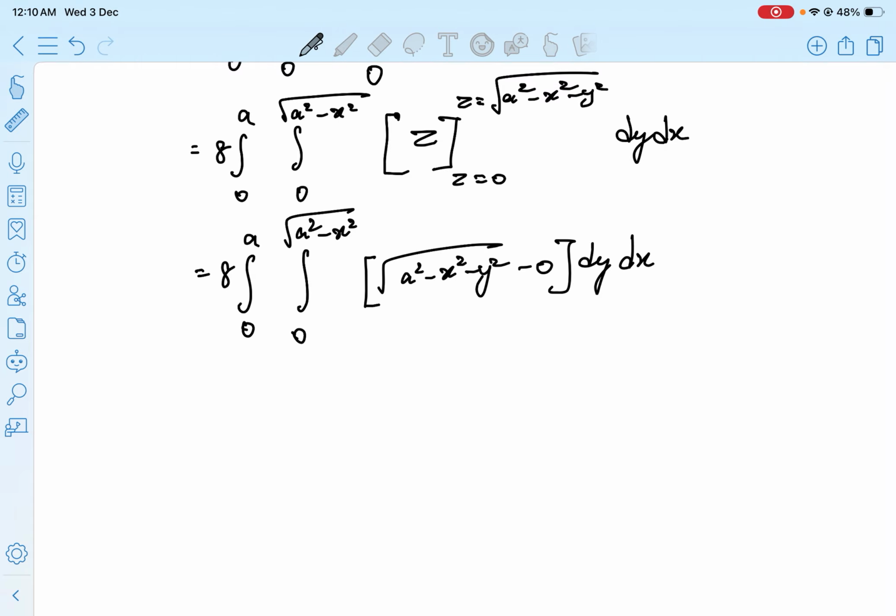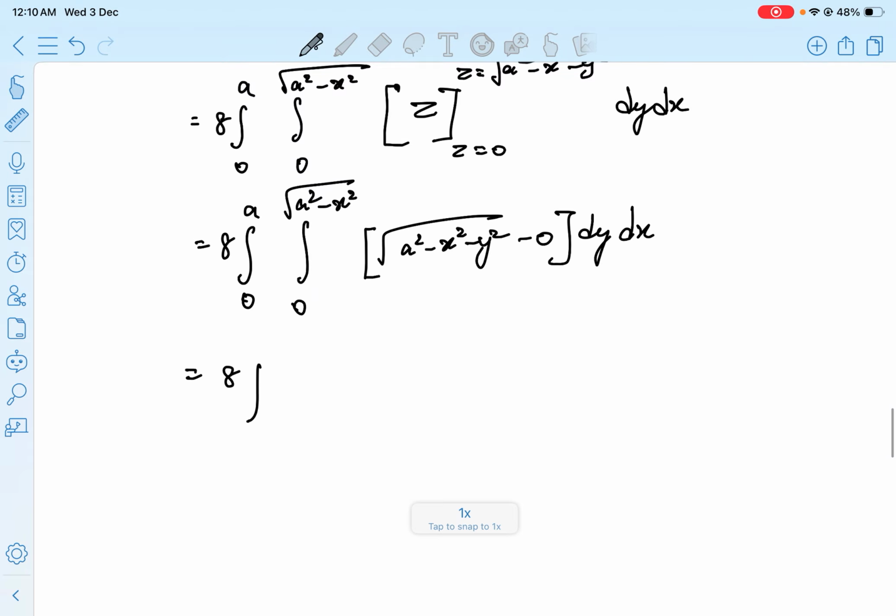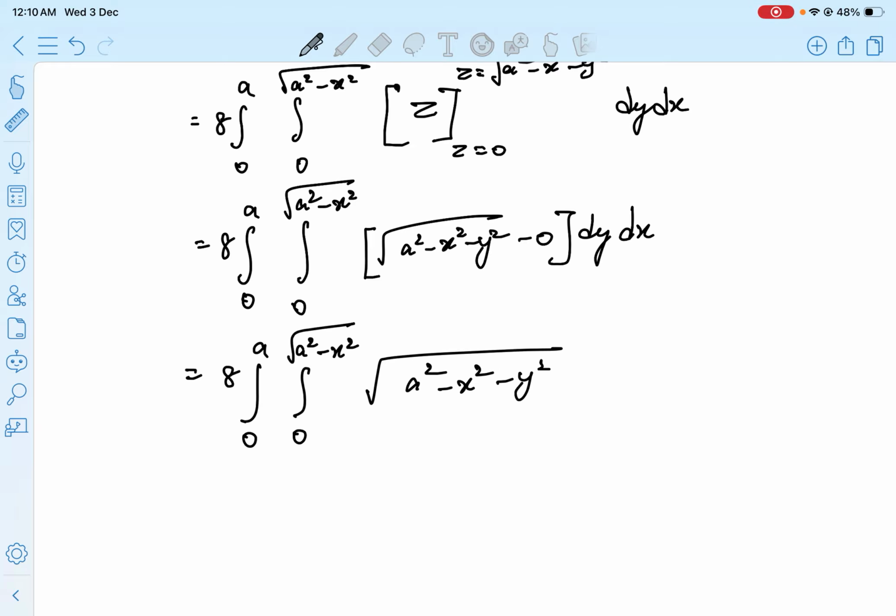Okay, the next one is equal to 8 integral 0 to a, integral 0 to root of a square minus x square, and this one into dy dx.